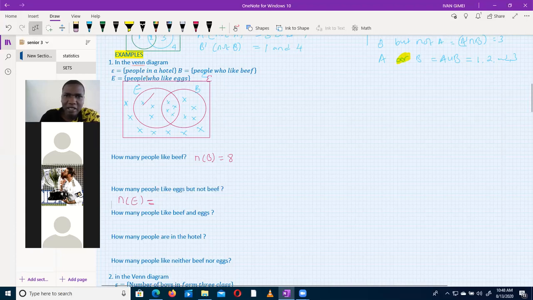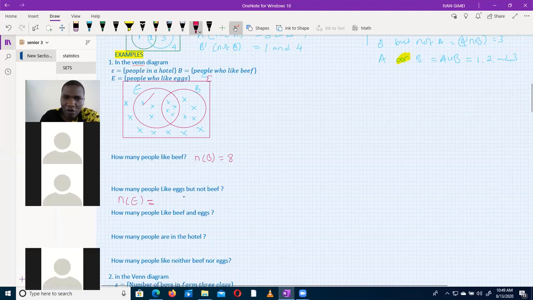Let me just write it here afresh. Number of those who like eggs but not beef. So this is how we're supposed to write it, and the answer is 3.